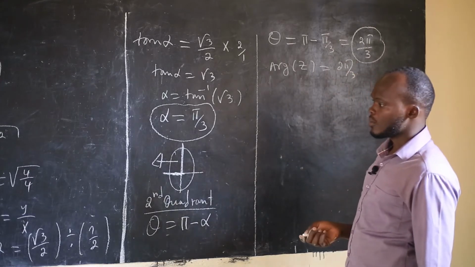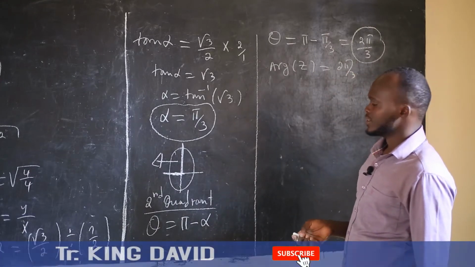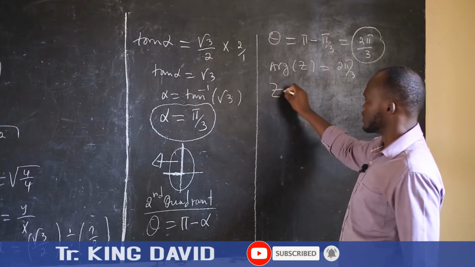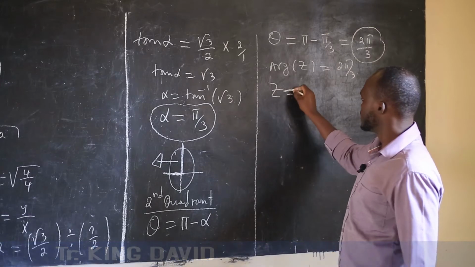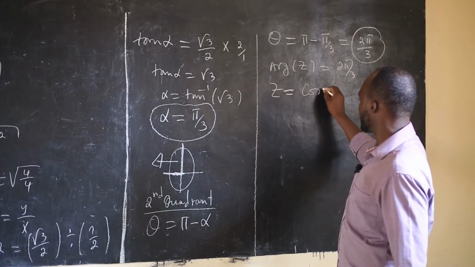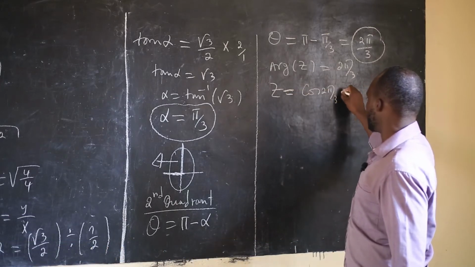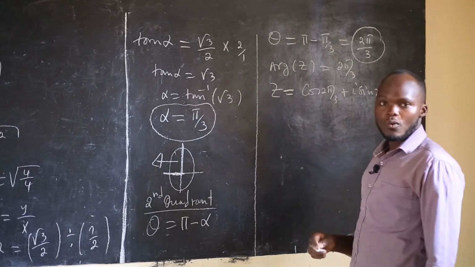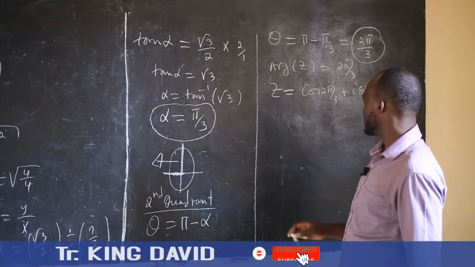So from there, what are we going to do? We're going to use that formula, because now z equals r is 1, so it will be cos 2 pi over 3 plus i sine 2 pi over 3. So what is z power 2010?